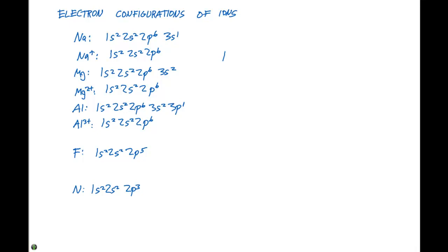Notice that for sodium plus, magnesium 2+, and aluminum 3+, our electron configurations are all going to be 1s2, 2s2, 2p6, which is the neon noble gas core. And remember, the noble gas electron configurations are very stable.